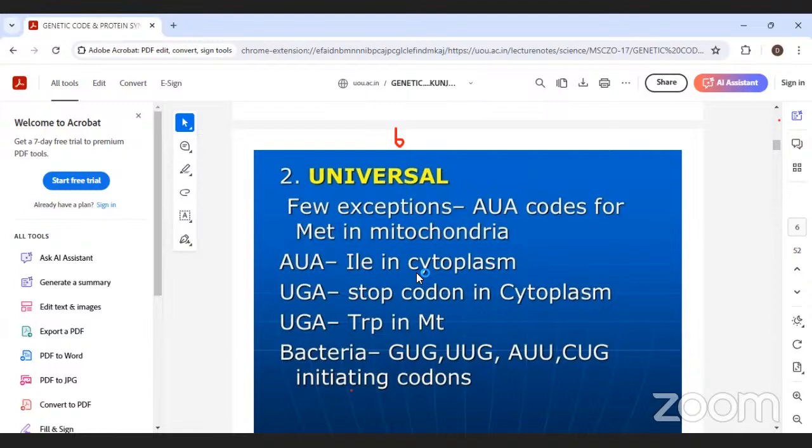It was the complementary but independent work of Marshall Nirenberg, H.G. Khorana, meaning Hargobind Khorana, and Robert W. Holley, which led to the breaking of the genetic code.